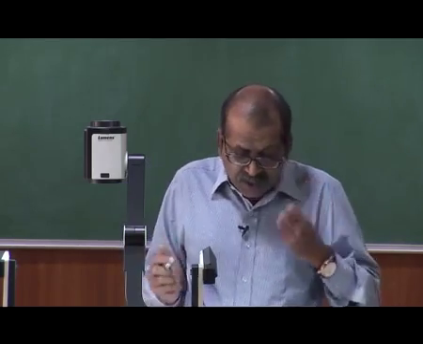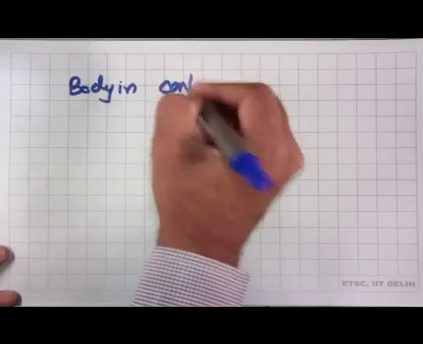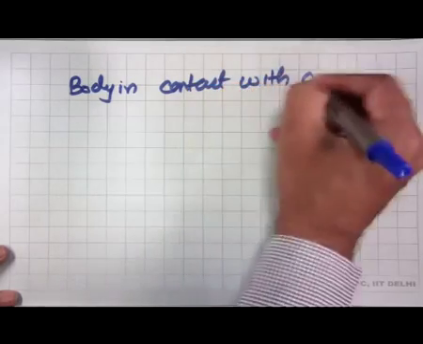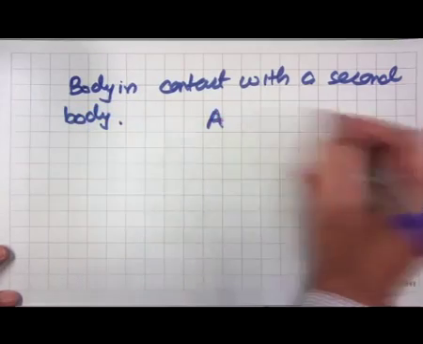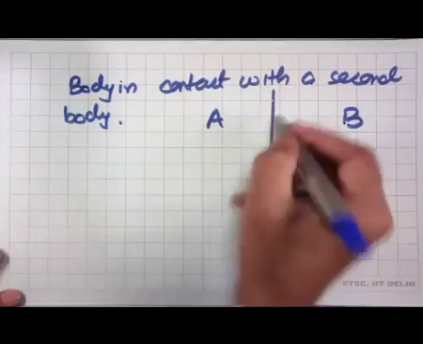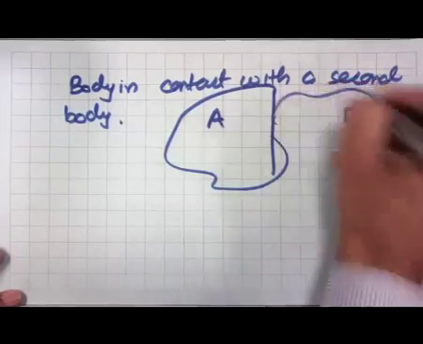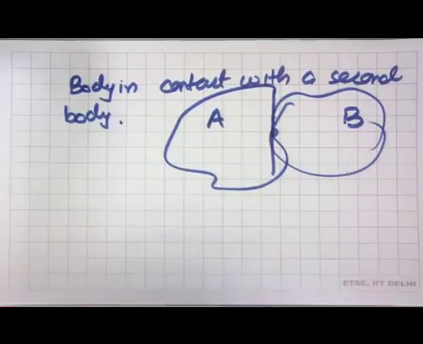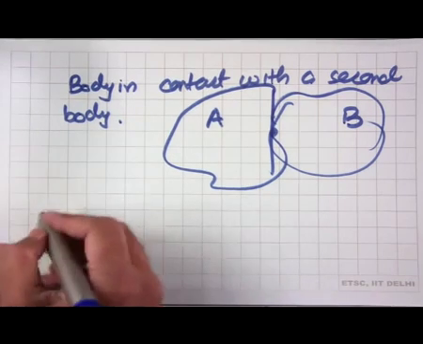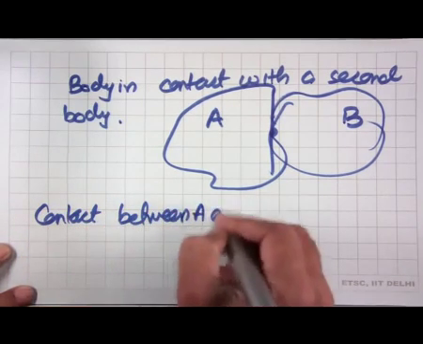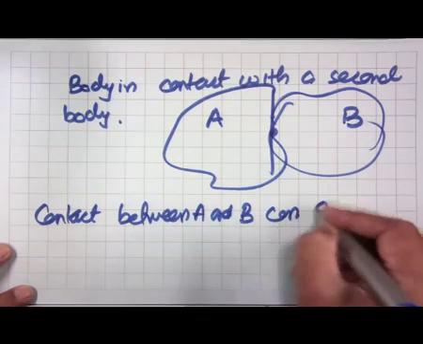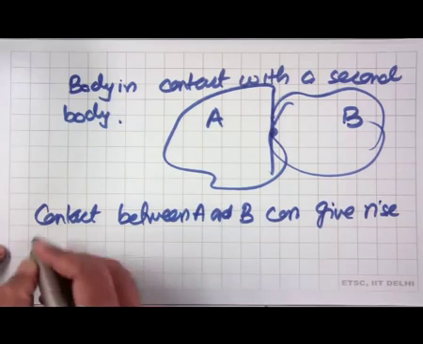Now let us try to see, if we have a body in contact with a second body. That means I have a body A and a body B, and these two are touching. So, this may be body A and this may be body B, and there is a contact between these two bodies. If we have a contact between A and B, it can give rise to a force.